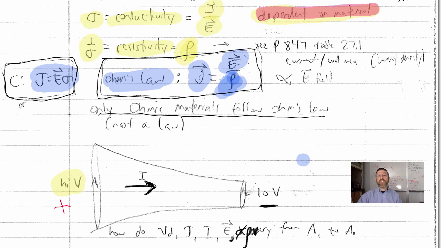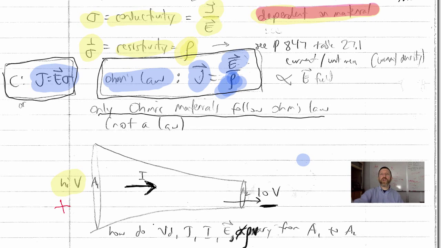First, will the current coming out right there be thumb up if higher, thumb down if lower, thumb sideways if the same? Go ahead and vote. The question is, if I've got current I at this point in this weirdly shaped funnel conductor, is the current here thumb up for higher, thumb down for lower, thumb sideways the same?